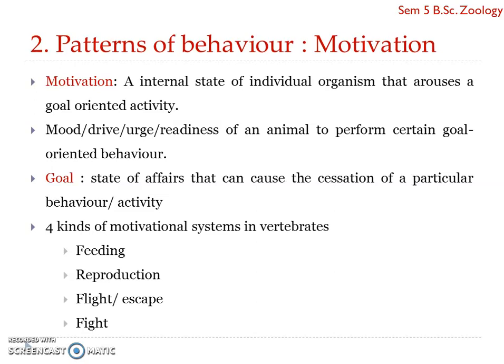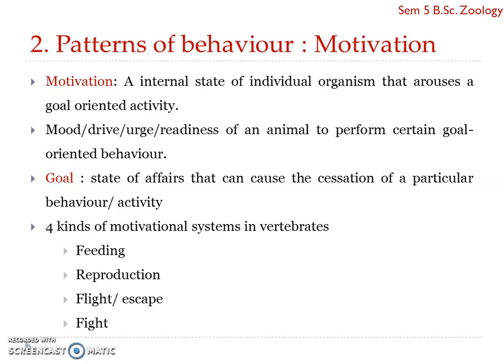Now here what happens? It is moving about for attaining a particular goal, and at this particular point, the animal has the highest level of motivation. When it finds the goal, that is when the food is found and it starts to eat, and after eating a full meal, the motivational level goes down. It falls to its minimum level. So this dog will not eat for the next few hours.